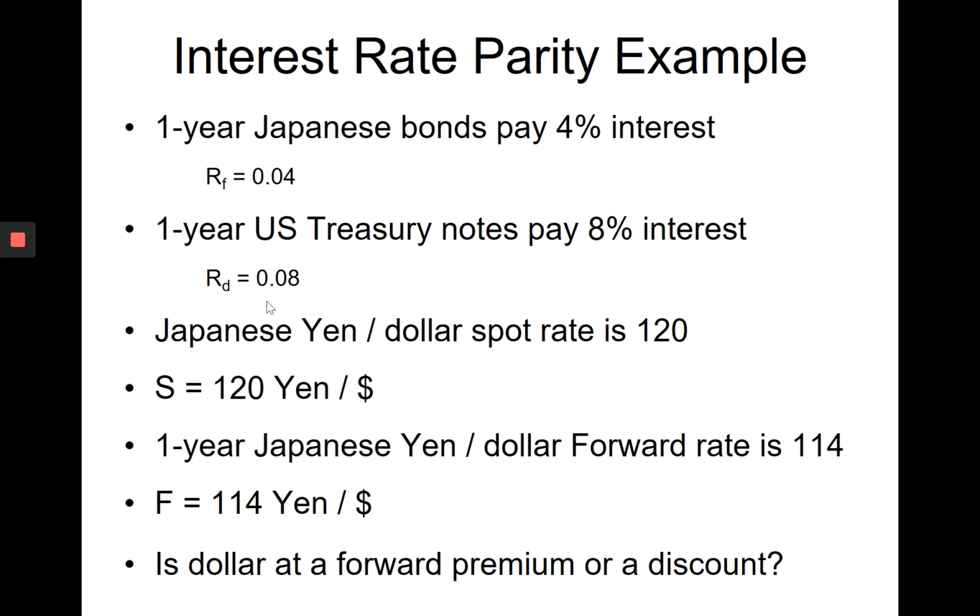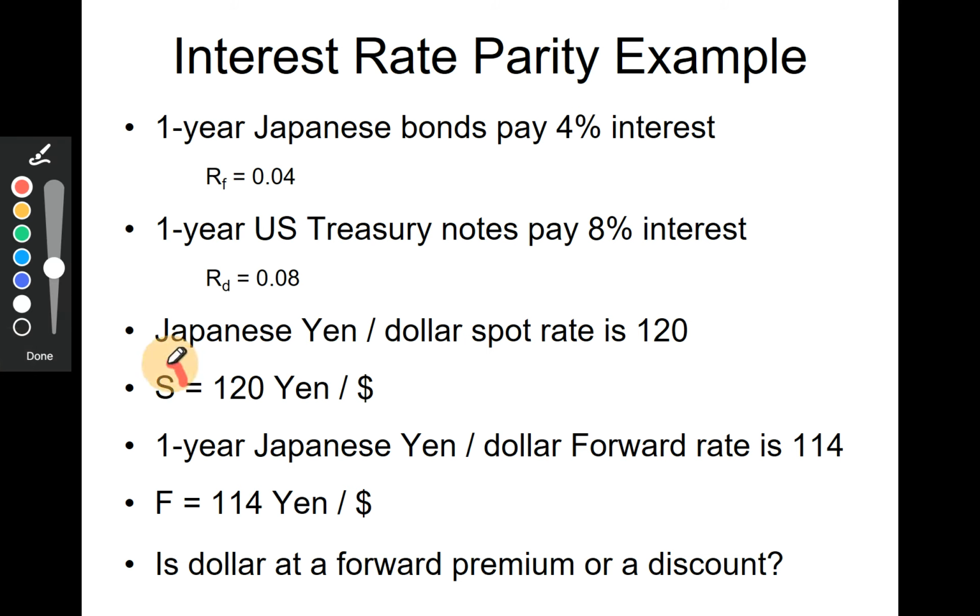Next, we have a spot exchange rate. S here, a spot exchange rate, is given to us as 120 yen per dollar. Notice that all these inputs to the equation are available from your Bloomberg terminal or from internet. These are the data that you can get and trade on. So the spot rate is 120 yen per dollar.